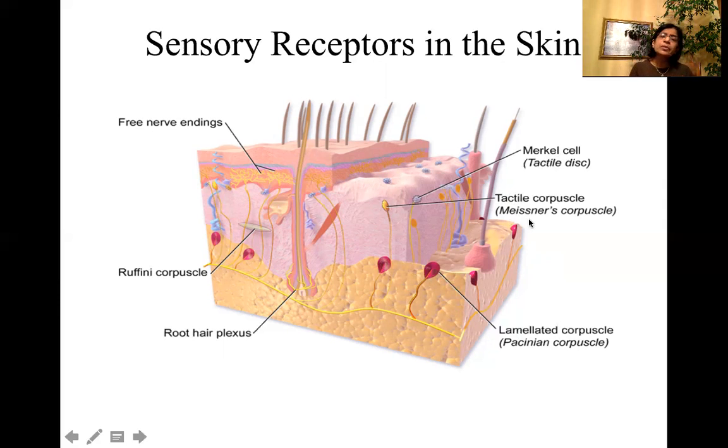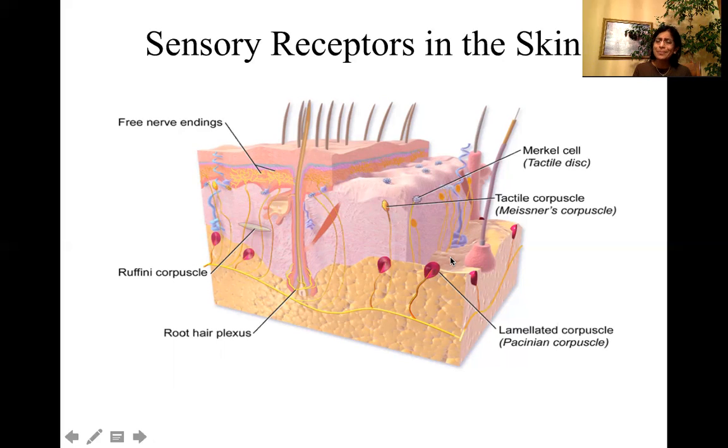So there are a variety of these, and not all of them are present in all parts of the skin. Fingertips may have these fine touch receptors or these deep touch or pressure sensitive receptors, and so on.